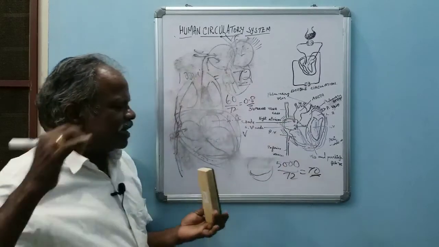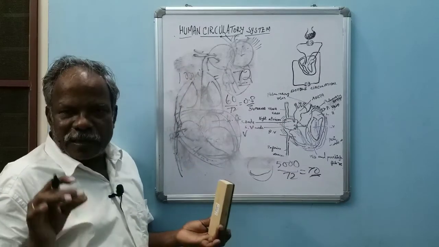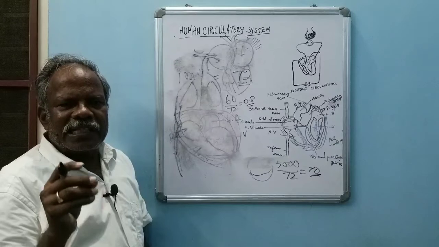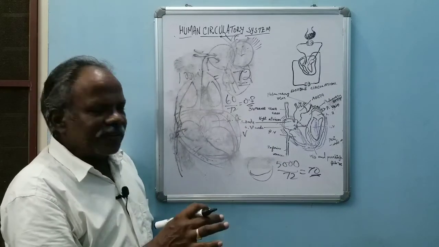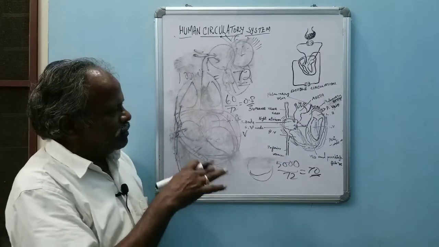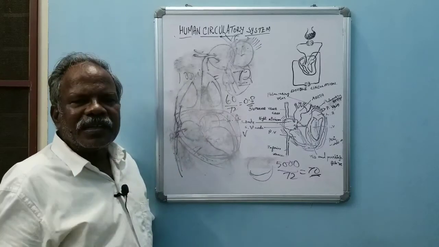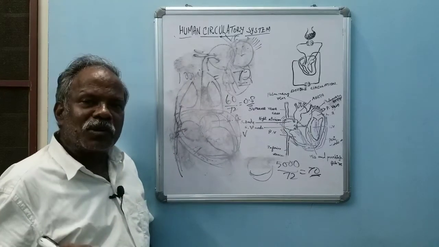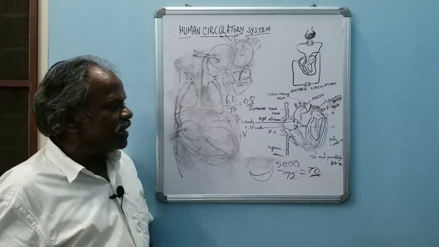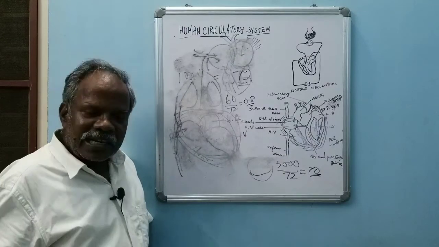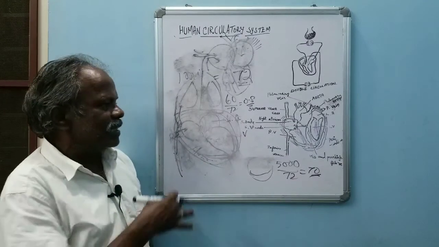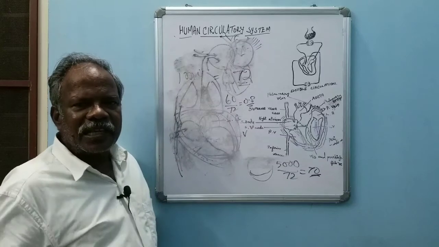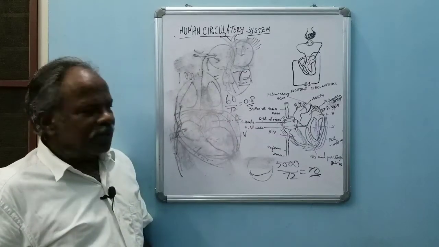So approximately 70 ml of blood is pumped by the heart per beat. Per minute it is 5 liters. So we can think of how much blood is coming to the heart and pumped out over hours and 24 hours per day. That we have to understand. This is with regard to the functioning of the heart.